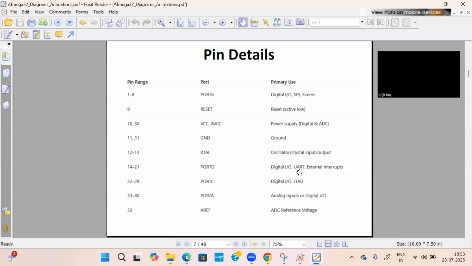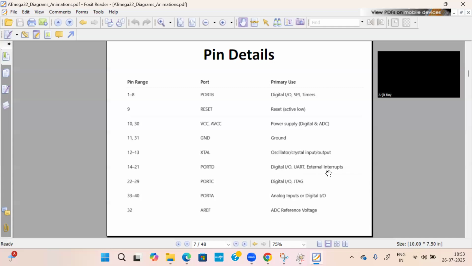It is nothing but a universal protocol. So we can use this type of protocol through this pin. For this reason, it is called UART.